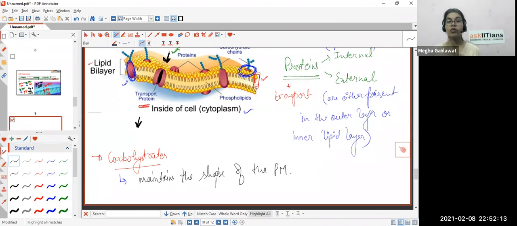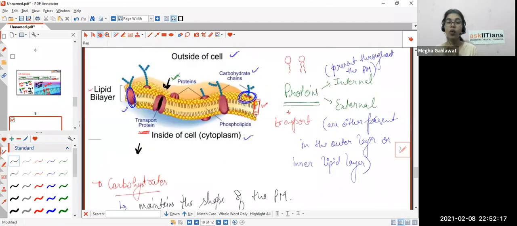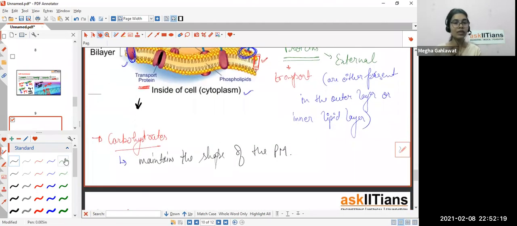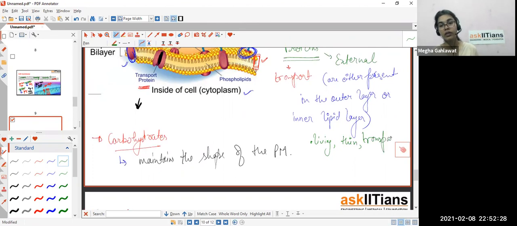Now you know about the cell membrane, you know what kind of components are there. Now one teensy bit of information which is left is that this is living. This is very, very thin, and could be a little transparent. And this is made up of proteins, lipids, and carbohydrates, as you have already studied.